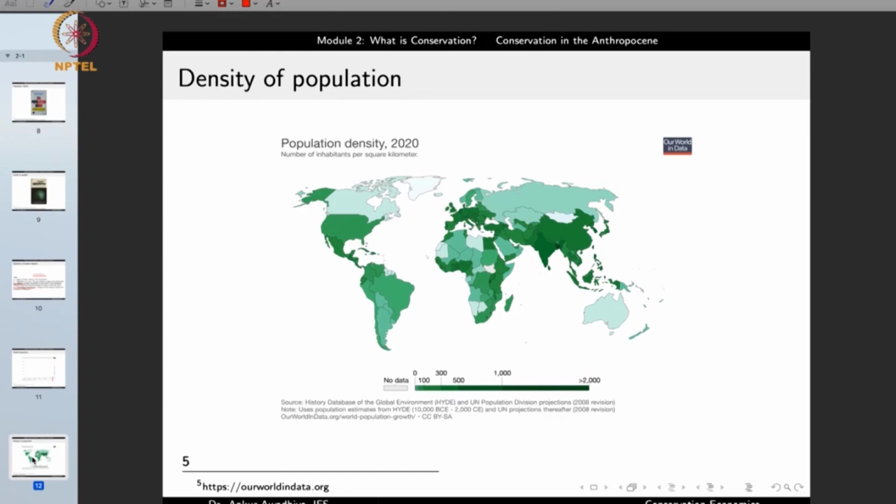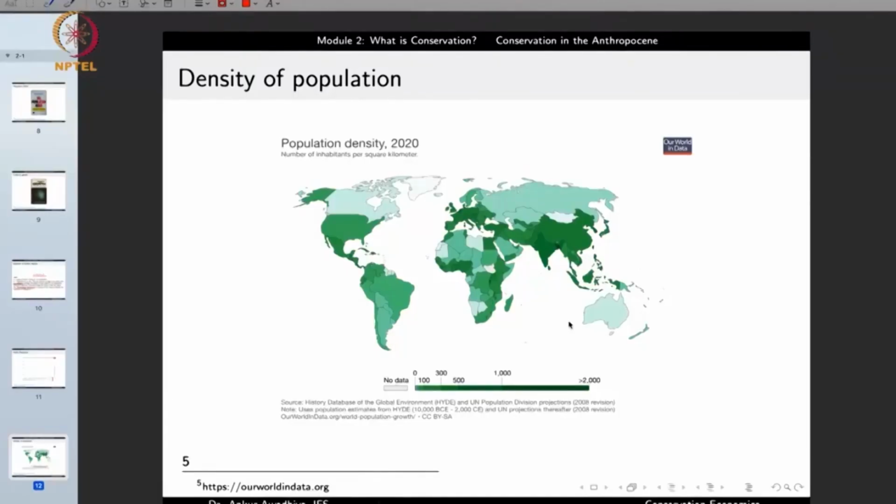Now, if you consider our country, it is one of the more densely populated areas of the world. And because we have a large human density, because we have a large human population, we need a lot more resources to feed these people. So essentially, the amount of agricultural expansion has been increasing with time.